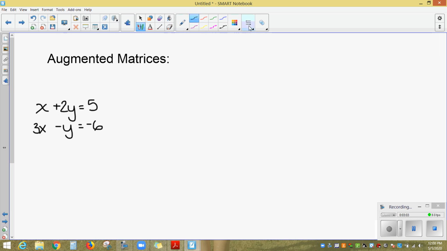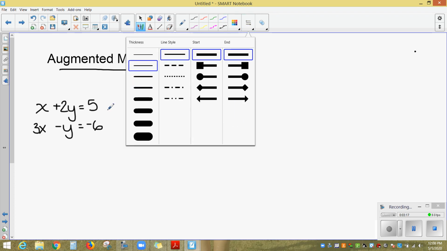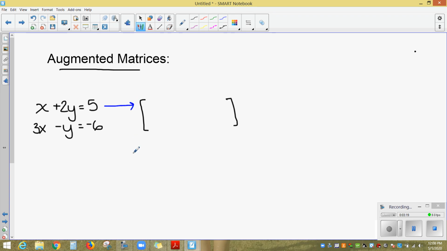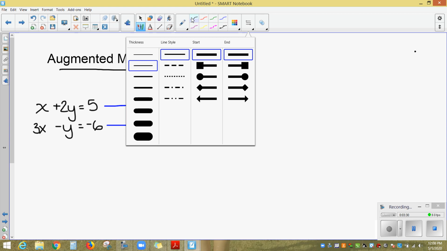When we're given a system of equations, we start by creating what's called an augmented matrix. The augmented matrix has one row for each equation. So the equation x plus 2y equals 5 will take up a row, and we'll use another row to describe 3x minus y equals -6.